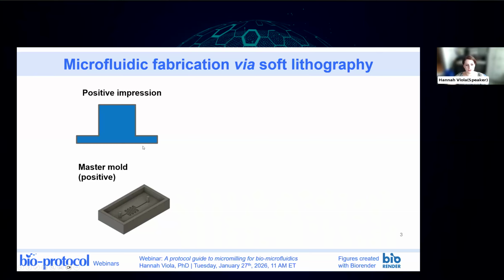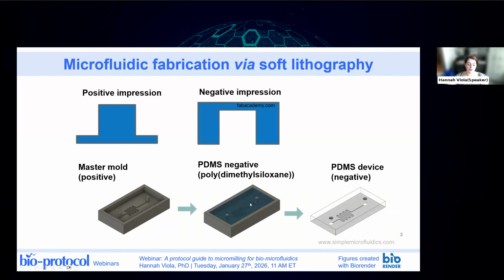So I also want to talk about the fabrication methods that we're used to seeing and why micromilling is a little bit different. To talk about that, we have to talk about the casting process. Typically we'll make some kind of mold, which will be a positive impression, and then we will cast the polymer on top of that mold. Usually we use what's called PDMS, polydimethylsiloxane.